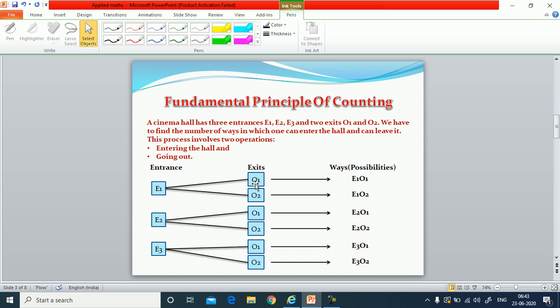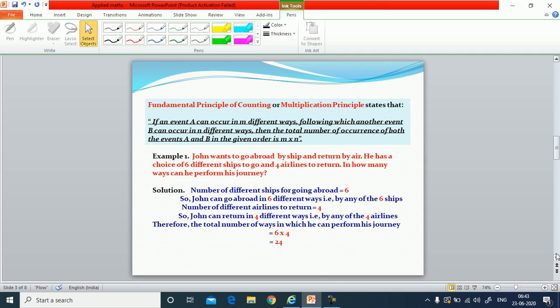So you can see 2 exits only. So one can enter through any of these 3 entrances and simultaneously can exit through any of these 2 exits. So 3 into 2 comes out to be 6. That gives us the total number of ways in which the hall can be entered and simultaneously exited.